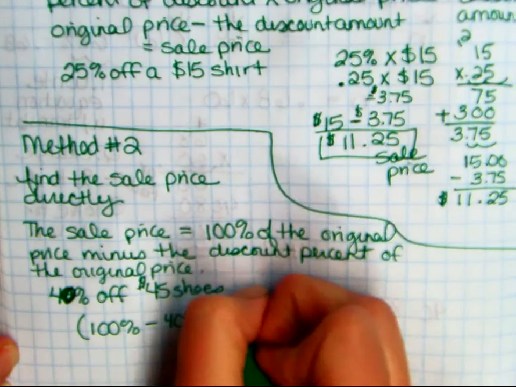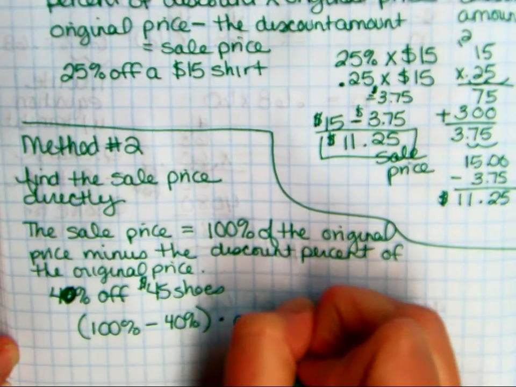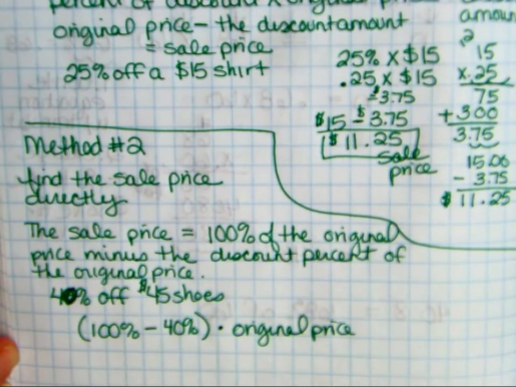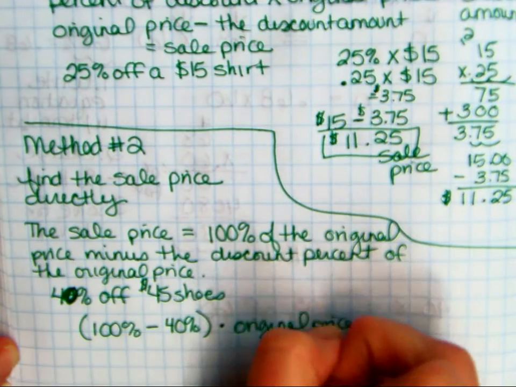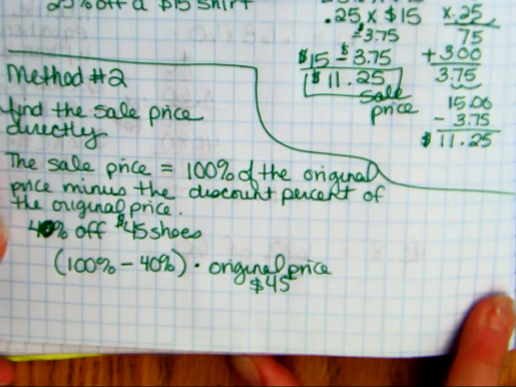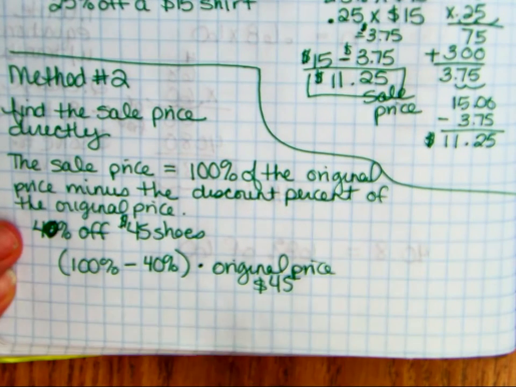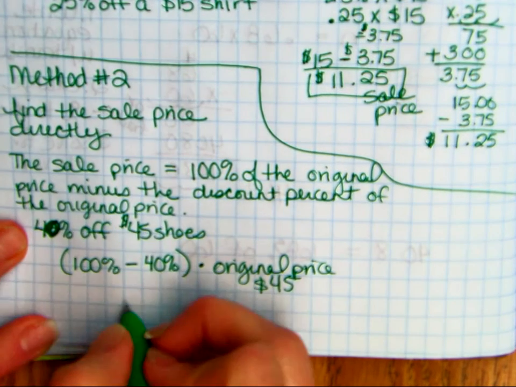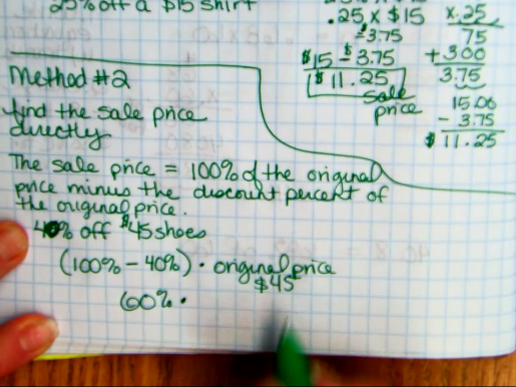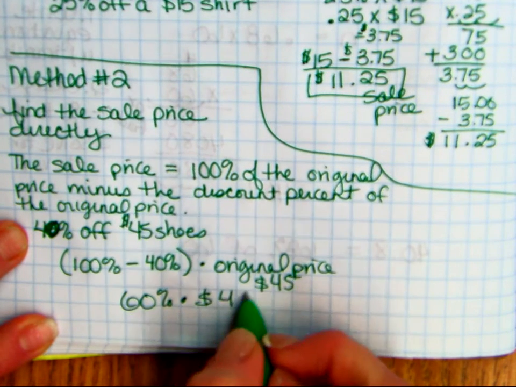And then we're going to times that by the original price, which in this case would be $45. Okay, so now 100% minus 40%, the discount, would be 60%. 60% times the original price, which was $45.